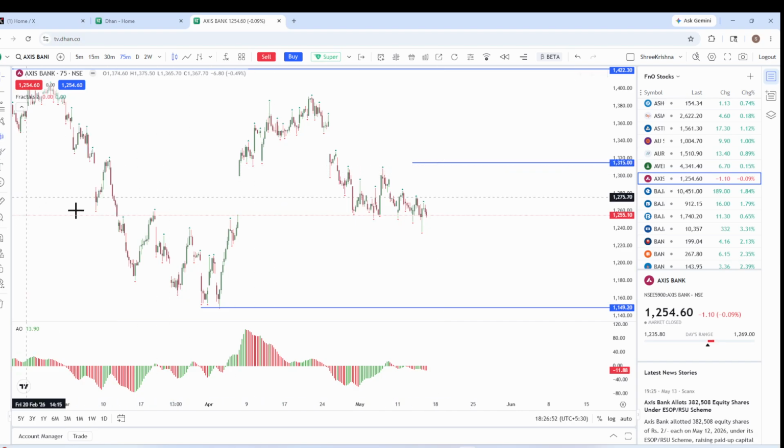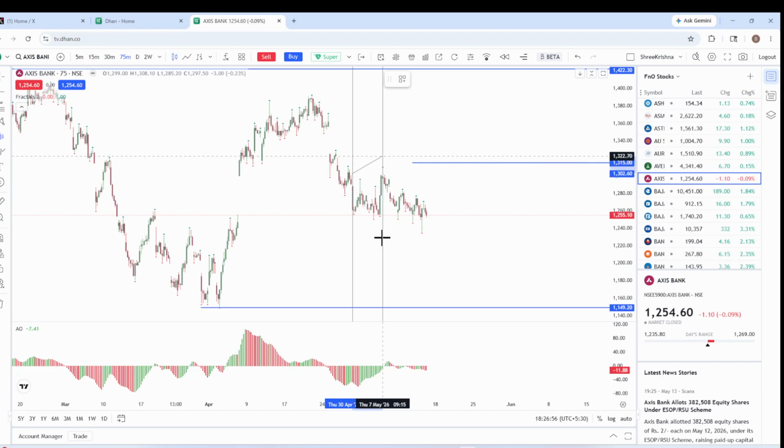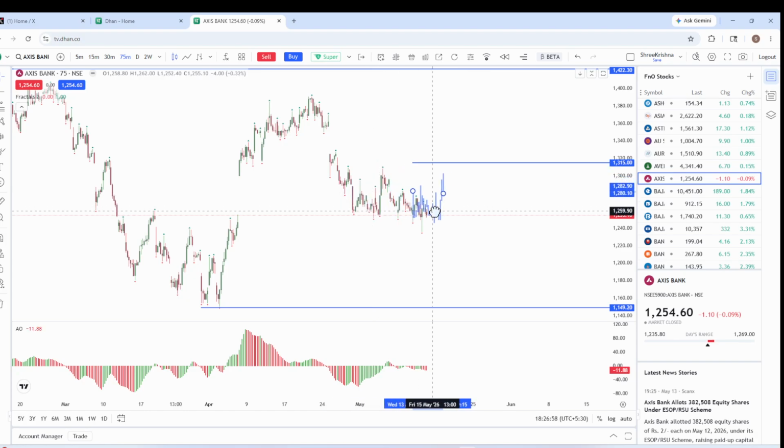I'll show you. Bar pattern. Not exactly like this, but something like this. It will gap up and make it like this. It's on 75 minutes. That means on Monday also it is likely to go up. Next week Monday also it is likely to go up.